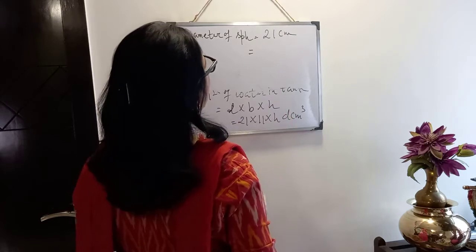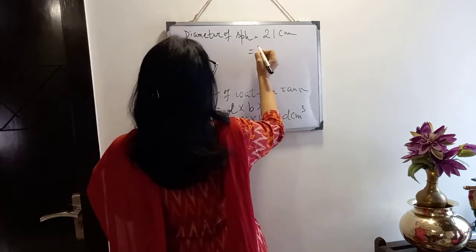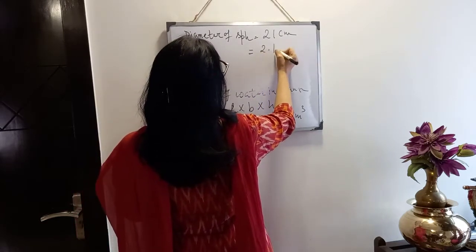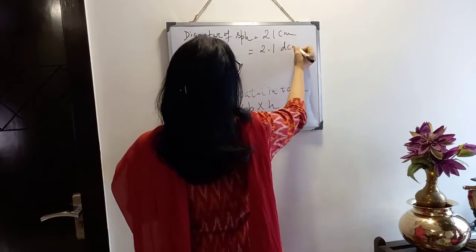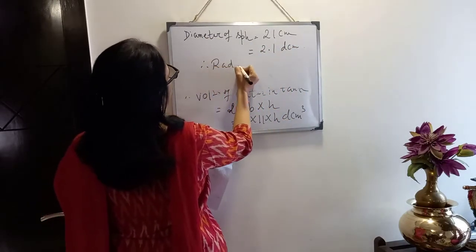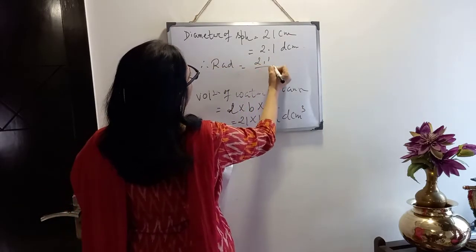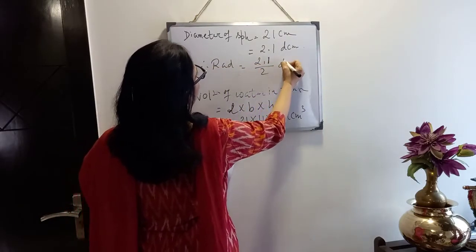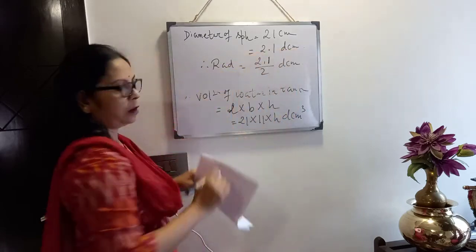Now we will convert it to decimeter. So it will be 2.1 decimeter. This is diameter. Therefore radius will be 2.1 by 2 decimeter. Clear?